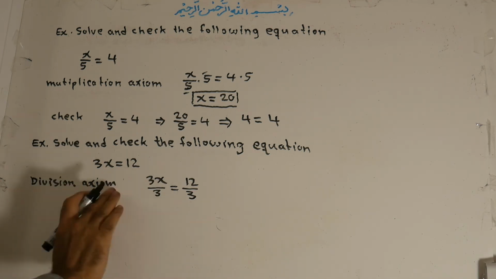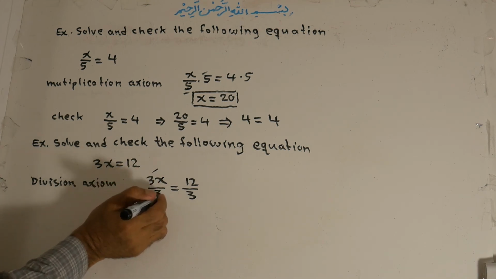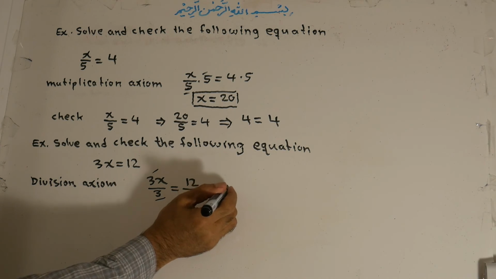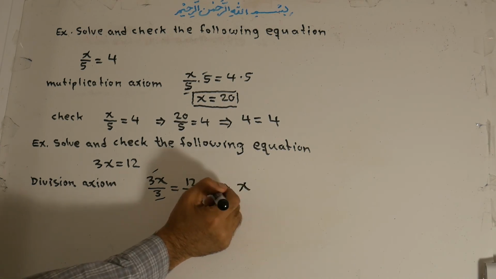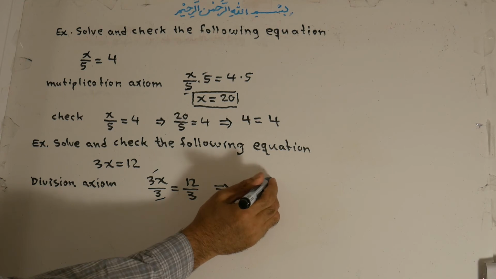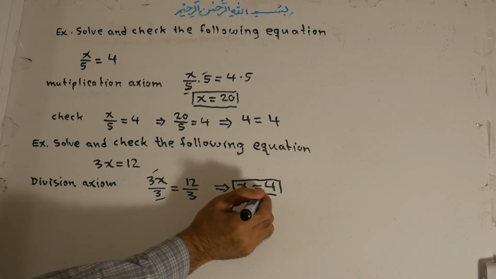We divide both sides by the same number, 3. 3 cancels with 3, here remaining x. x is equal to 12 divided by 3, which is 4. The answer is x is equal to 4.